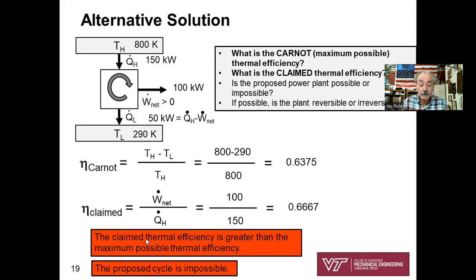The claimed thermal efficiency is greater than the maximum possible thermal efficiency. I would dismiss this out of hand, and I'd tell that engineering inventor to go back to the drawing board, and you might want to reinvent and come back to me with a more realistic proposal, and then we'll talk.